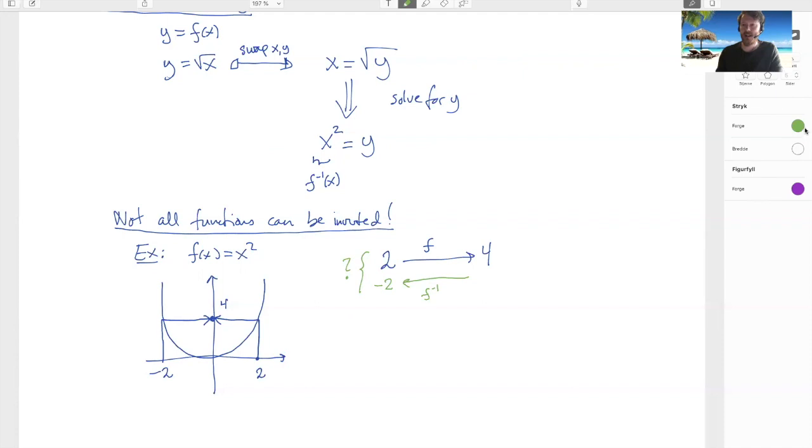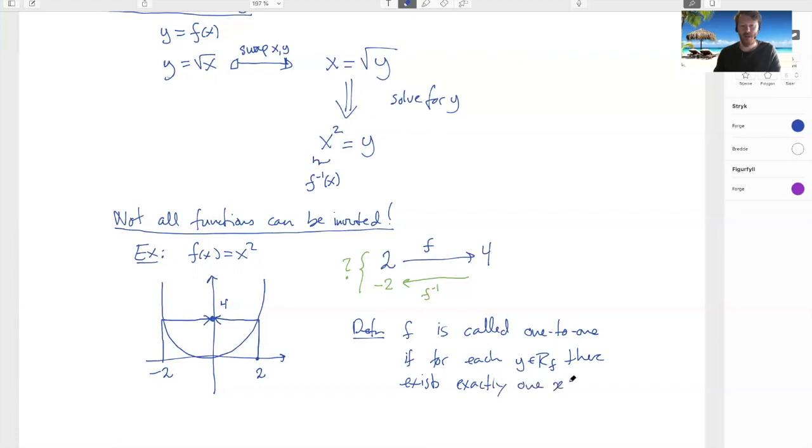Okay, so let's just write the definition of a one-to-one function here. So definition: f is called one-to-one if for each y in its range there exists exactly one x in the domain of f such that f of x is equal to y.